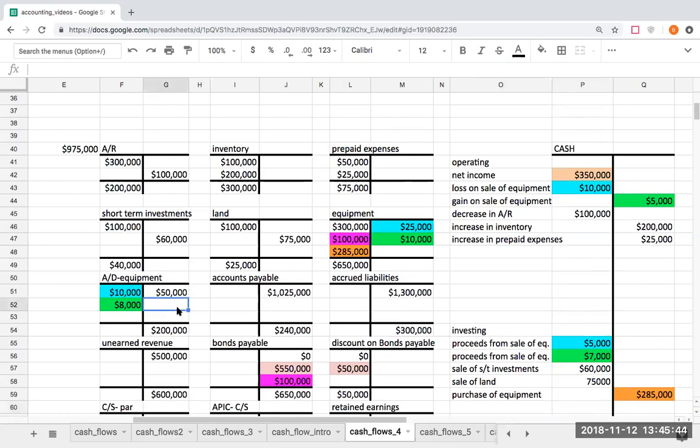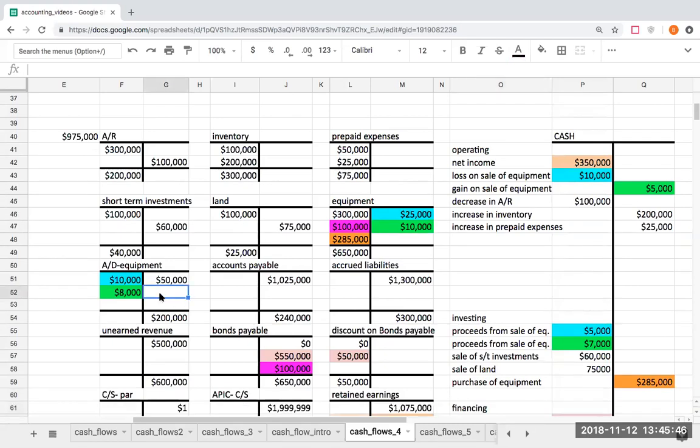Okay. Now, when it comes to accumulated depreciation on equipment, what do I need to do in order to balance my T account? Well, here I have a beginning balance of 50,000, but I sold some equipment. So to balance this T account, this is going to be 50,000 minus 18,000, or 32,000.